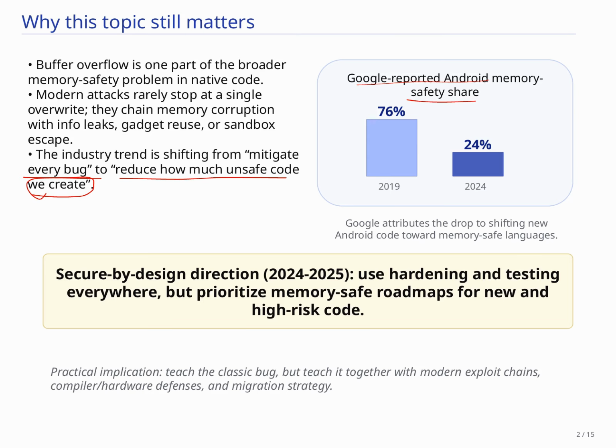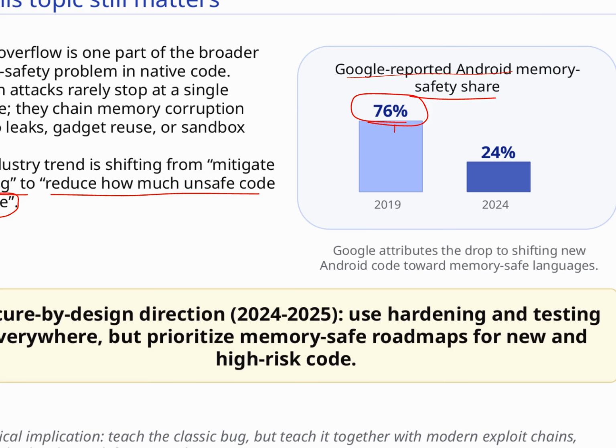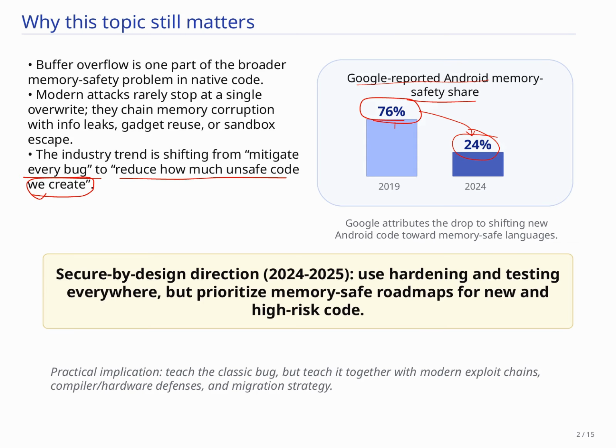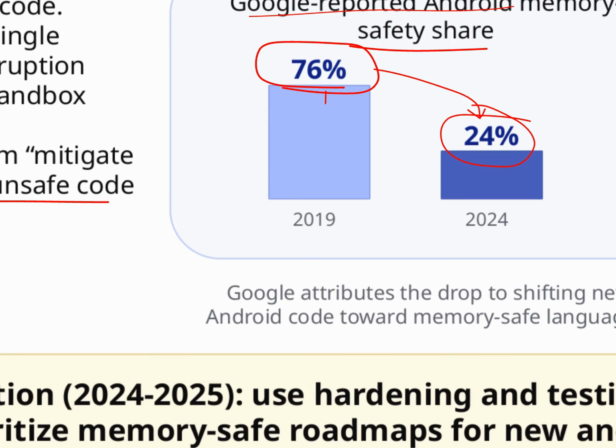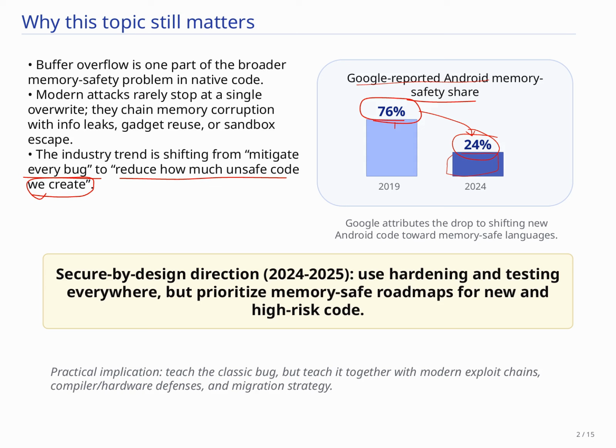So this Google reported Android memory safety share: actually, the memory safety of Android was not trusted for 76%. Now this untrusted part moved to 24%. That's good. I mean, that means only 24 percent of this Android code is now not protected against buffer overflow.